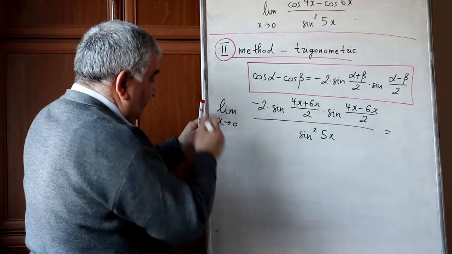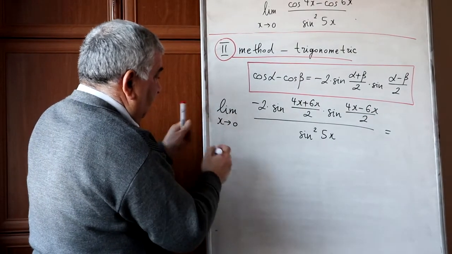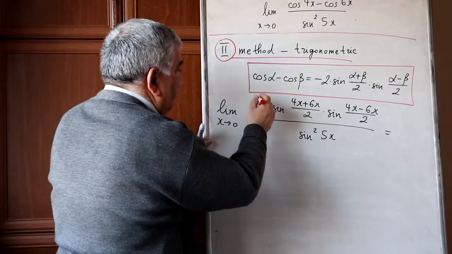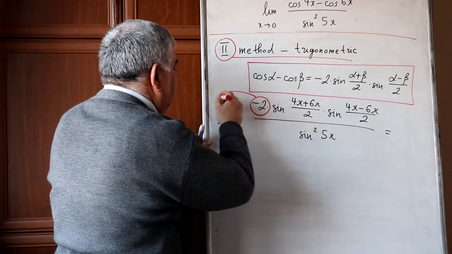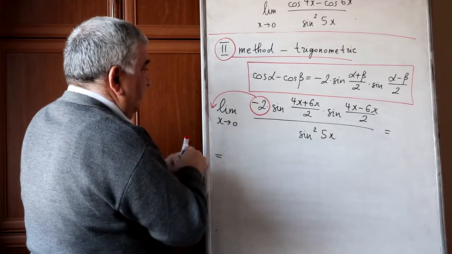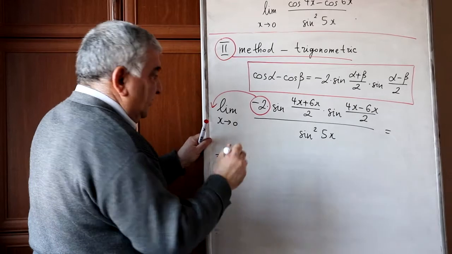Then here we can take minus 2 out of the limit symbol, because minus 2 is a constant factor.